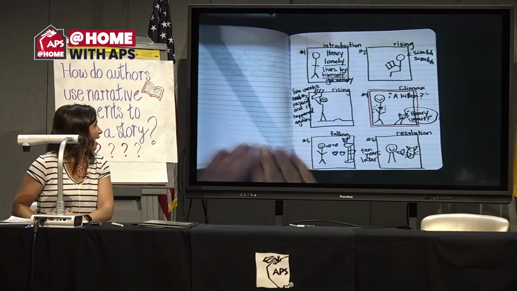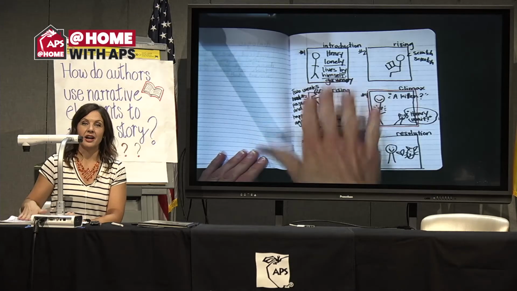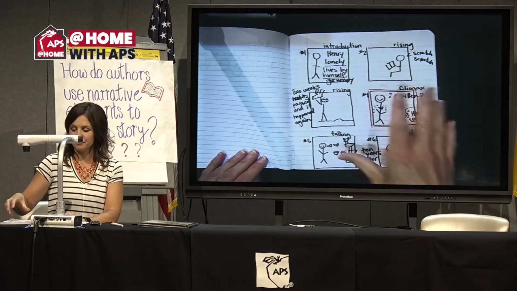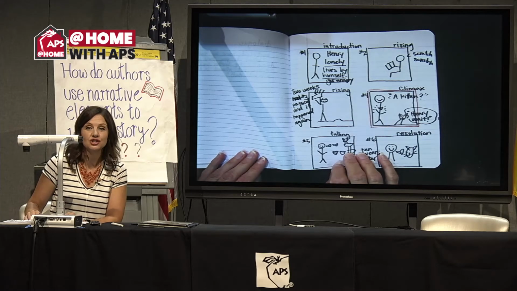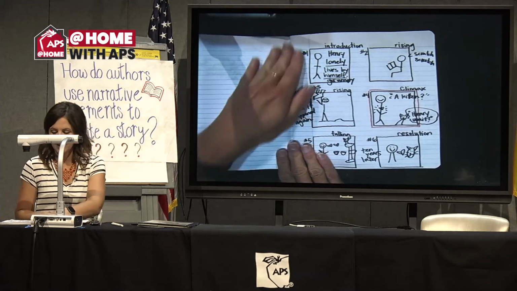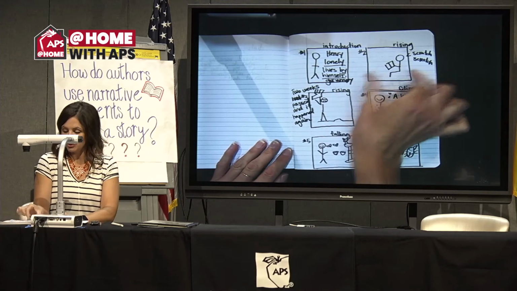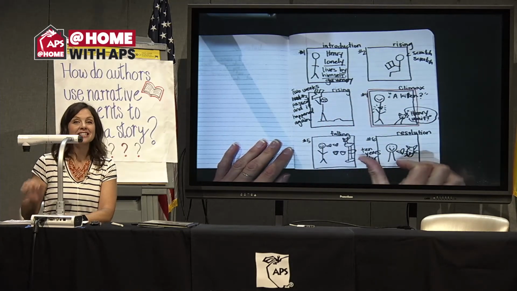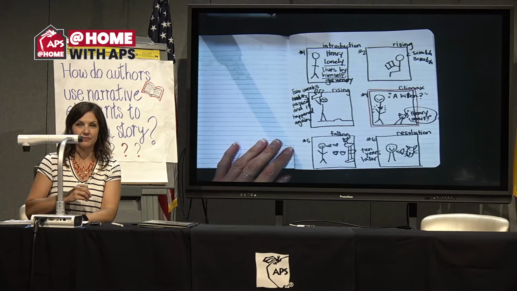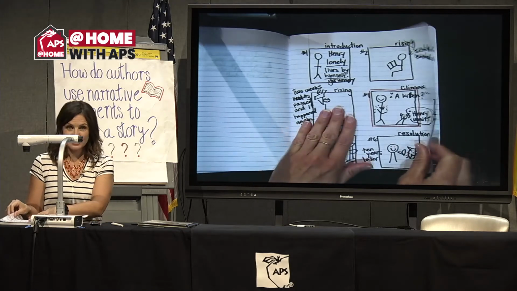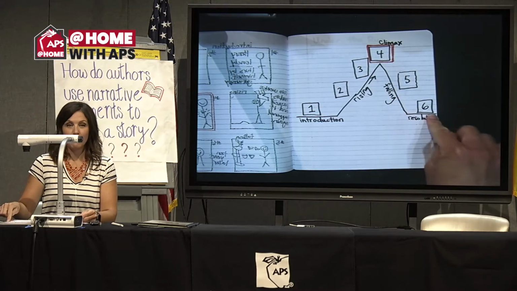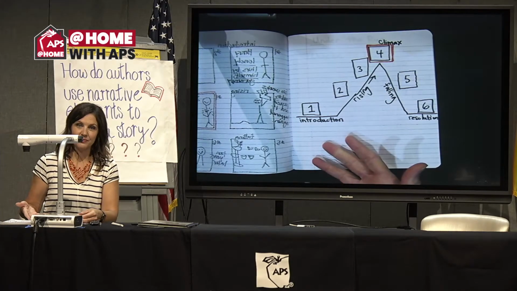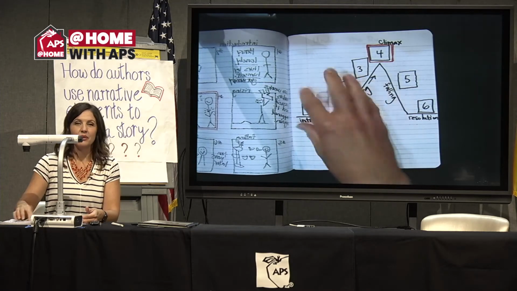Yesterday, I started working on an organization map, a graphic organizer, for my fictional narrative. I have 6 scenes. These scenes connect to our story mountain or plot that we've been talking about.